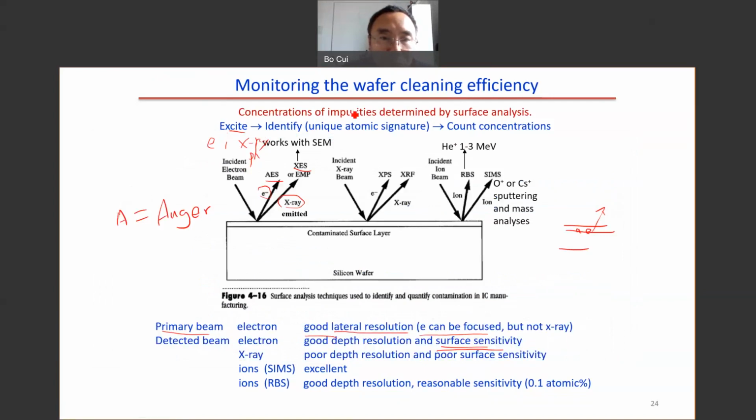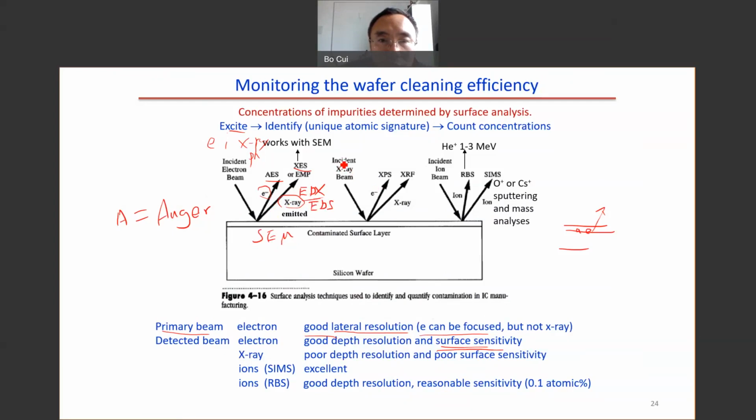I think you are more familiar with EDX. It's also called EDS. Here the electron comes in and you detect X-ray in the SEM. So we have EDX or EDS in SEM. This is called energy dispersive X-ray spectroscopy. This one is most popular in research labs.